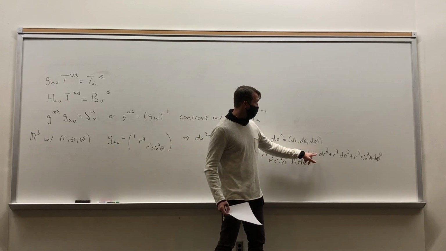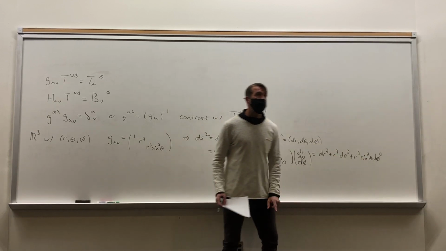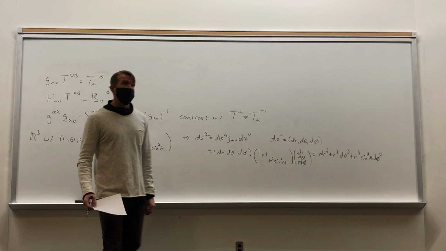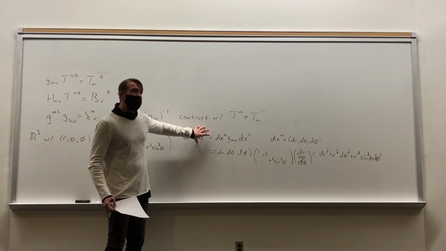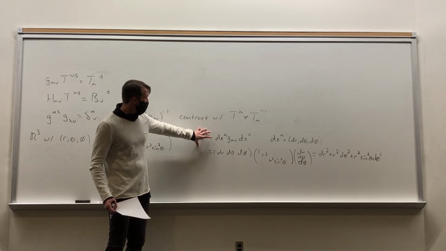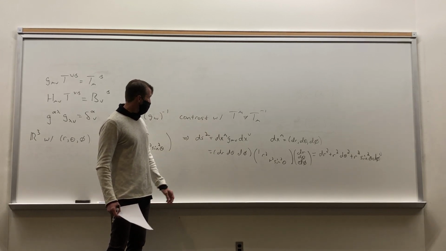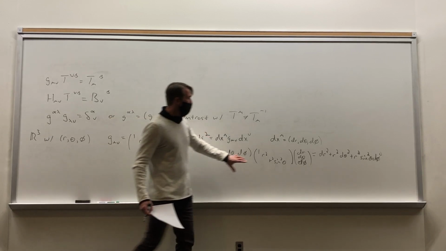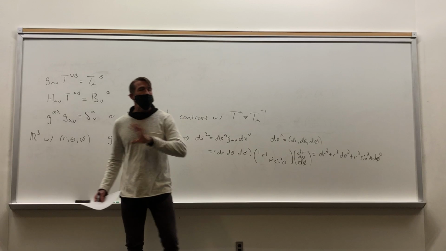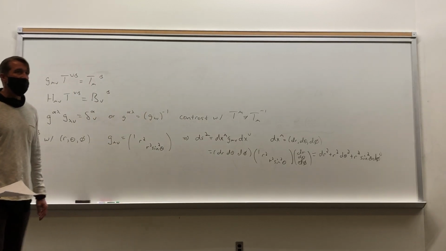The matrix is diag(1, r squared, r squared sine squared theta). Okay, so we can either work with the interval squared, or we can work with the matrix form of the metric. Either one of those is a good illustration of what the metric is.